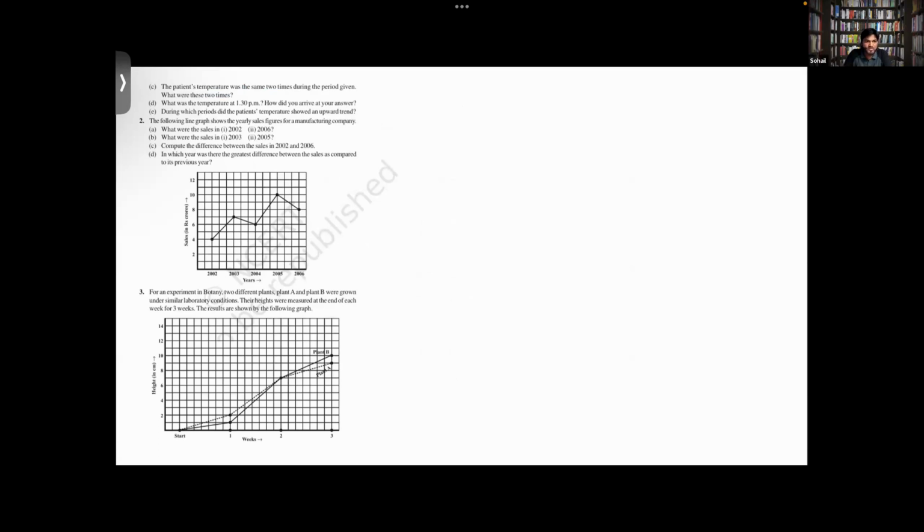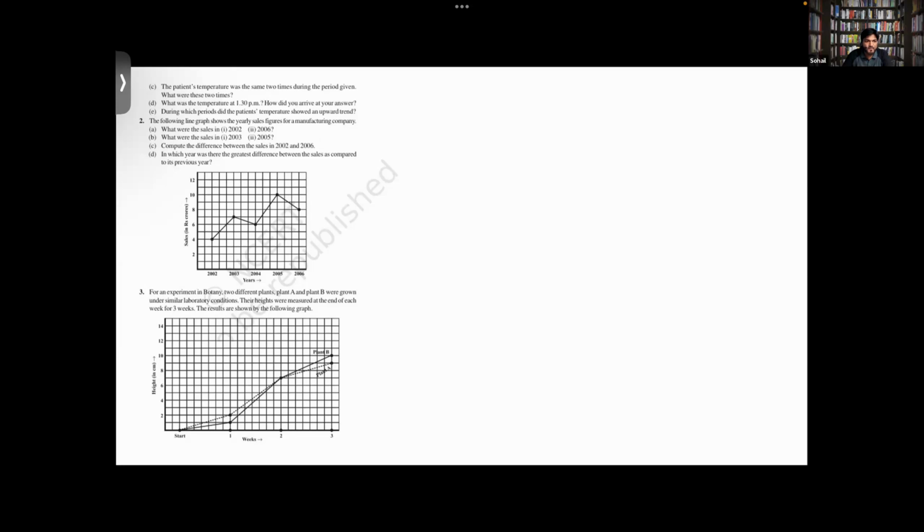In 2003 it will be 7, and then 2004 again 6 crores, right?